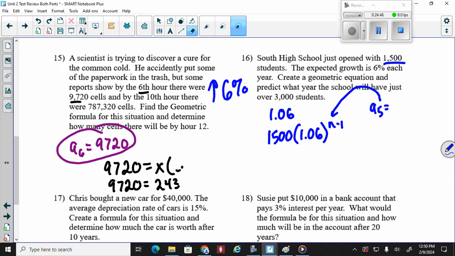So 1,500 times 1.06 raised to the power of 5 minus 1. So when I do my 5th term, which would be my 5th year, I get basically 1894. So I'm looking for 3,000, so obviously that's not enough. If I did A of 7, it would now be at 2,128.